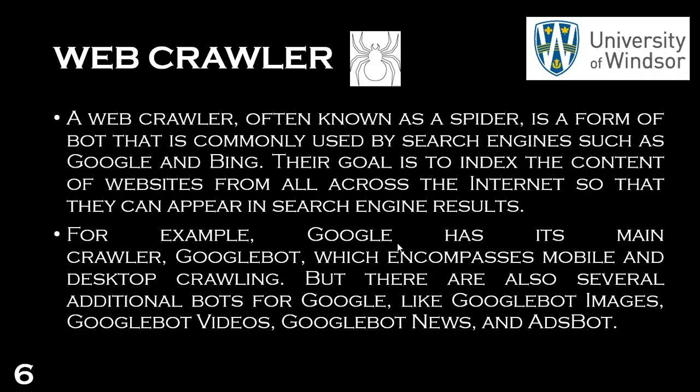These bots are mostly operated by search engines. By applying a search algorithm to the data collected by web crawlers, search engines can provide relevant links in response to user search queries, generating a list of web pages that show up after a user types a search into the search engine.